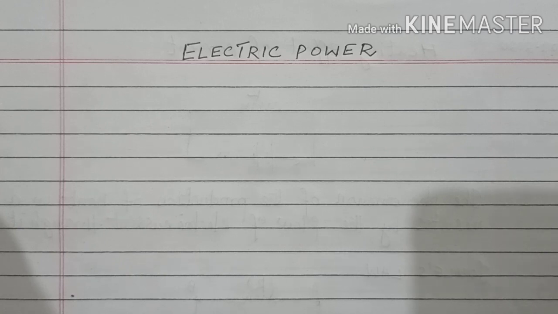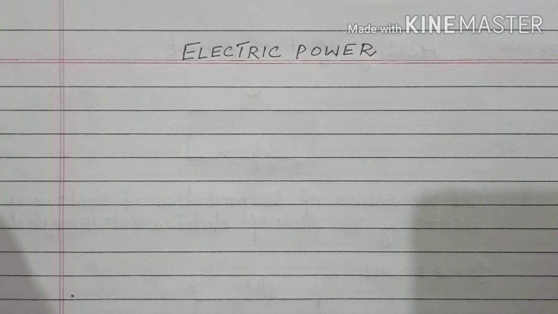Understand? So in the same way, when you apply this in electricity, electric power means the work done in a particular amount of time for maintaining an electric current in a circuit.